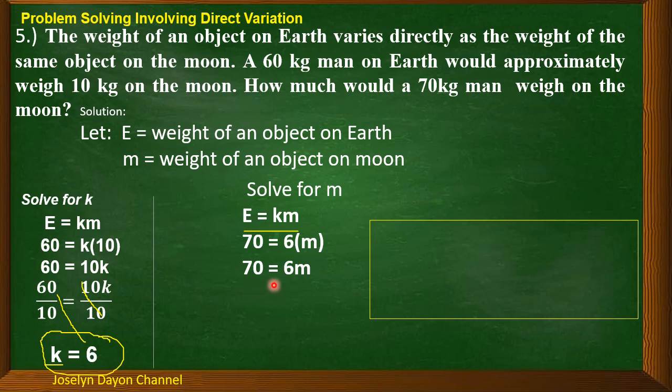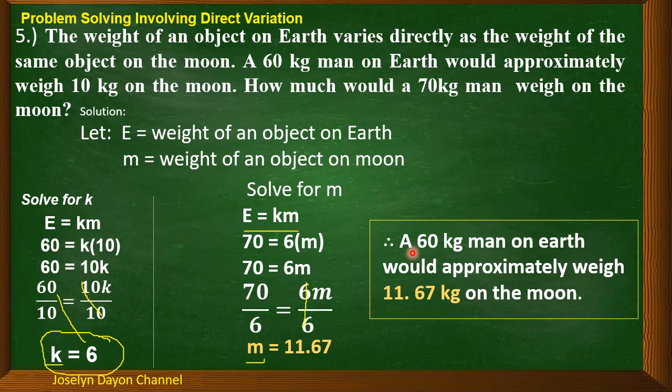Next, solve for M. 6M divided by 6, that is equal to M. And 70 divided by 6, that is equal to 11.67. So it means that a 70 kilogram man on Earth would approximately weigh 11.67 kilogram on the Moon.